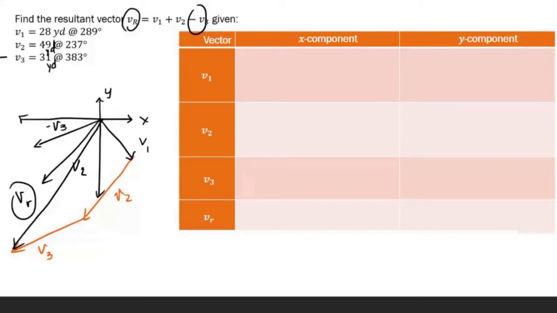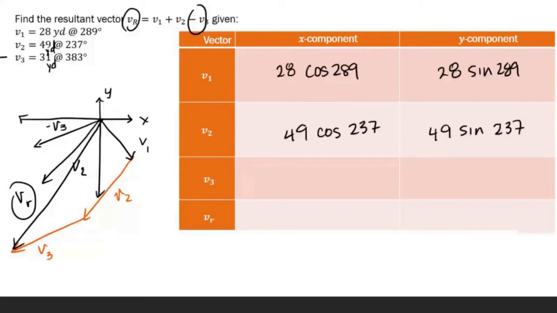All right, let's look for those x and y components. So I've started by writing down how I'll calculate the x and y components for vectors 1 and vector 2. And then I'm going to go ahead and just calculate the x and y components for negative vector 3. In other words, rather than simply taking 31 and multiplying it by the cosine of 383, I'll use negative 31.